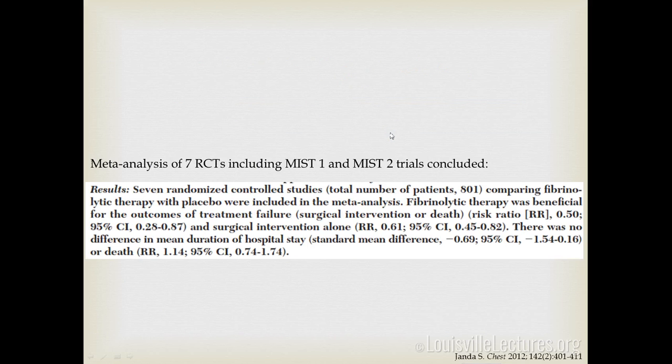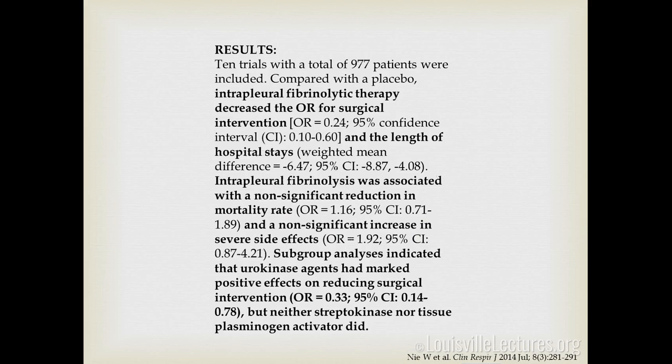And then Cochrane also did a meta-analysis looking at 7 randomized control trials, which included the MIST1 trial and MIST2 trials. And they also found more or less the same results, that your mortality doesn't improve, but you require surgery less, maybe stay in the hospital less, maybe your x-ray improves.